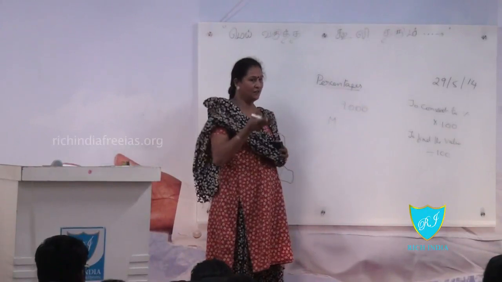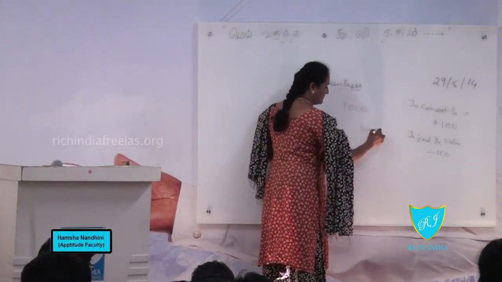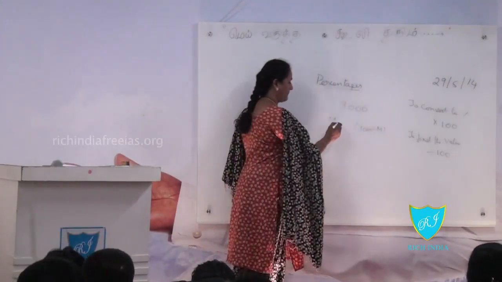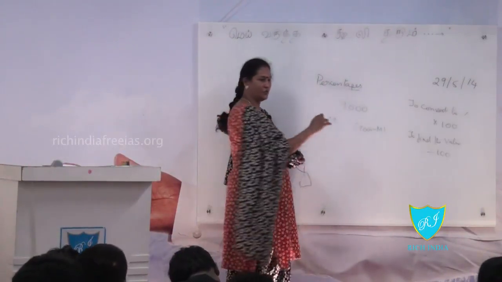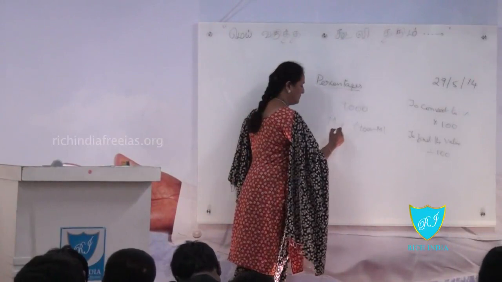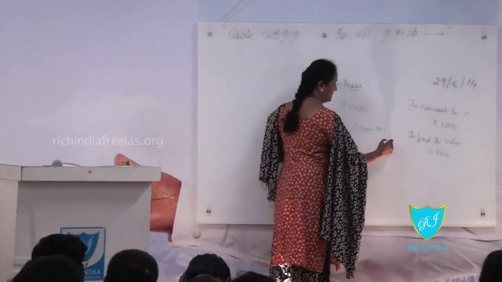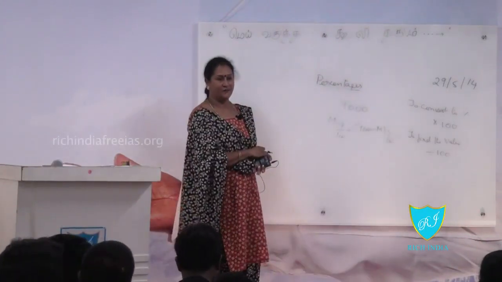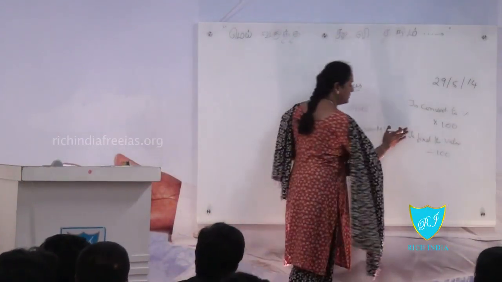It is the remaining. In this what is the increase? 8% of male, just into 8 by 100, plus here 5%. After this increase, what is the population? 9,600. So that difference will be equal to 600.